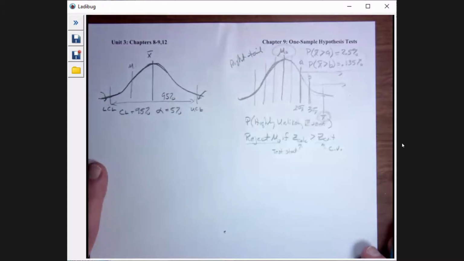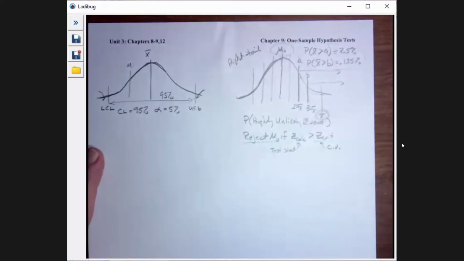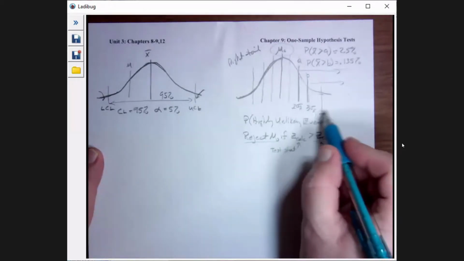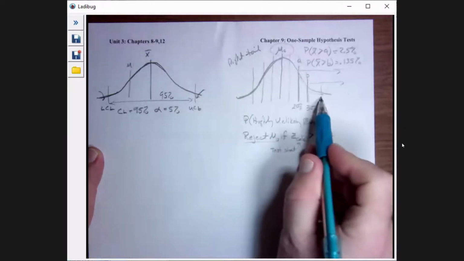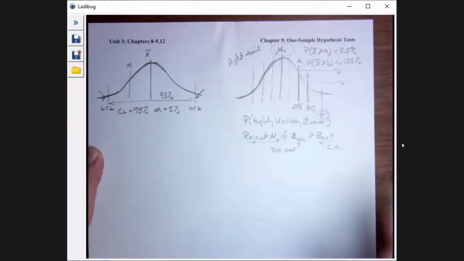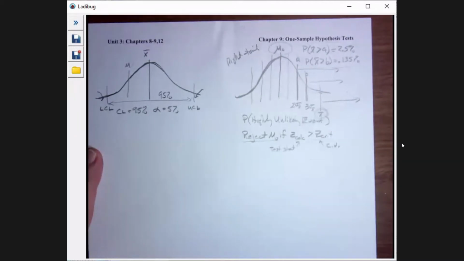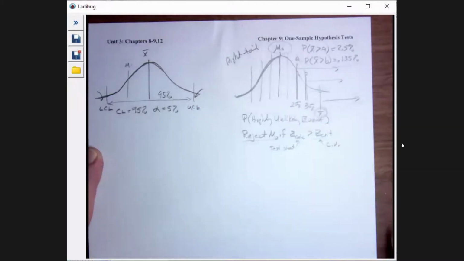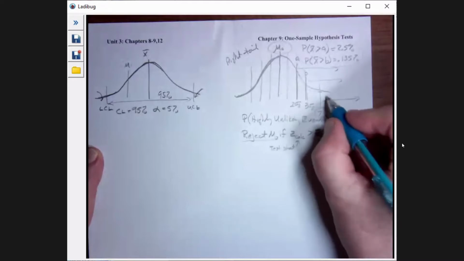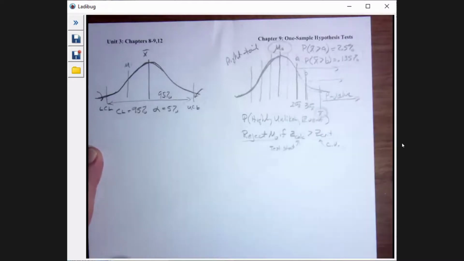So the idea of the p-value is it's the probability of getting a test statistic, in this case a sample mean, that's this far away from our hypothesized mean or further, just by random chance. The p-value is the probability we get a value this far away from our hypothesized value or farther away just by random chance.